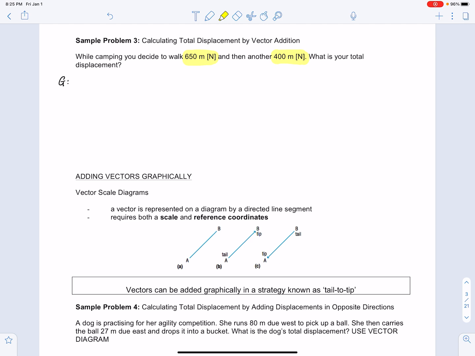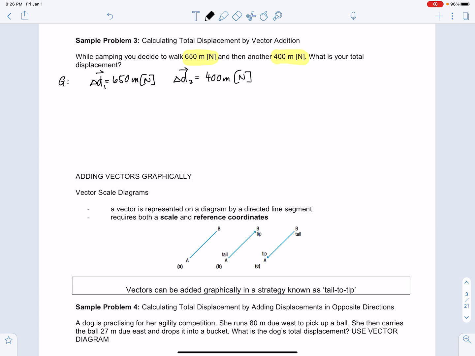Now notice, they don't give us any starting or reference point. So though these have directions, they are vectors, but there's no reference point, so they're not positions. So these quantities are displacements. We're given our first displacement of 650 meters north, delta d1, and our second displacement which is 400 meters north.